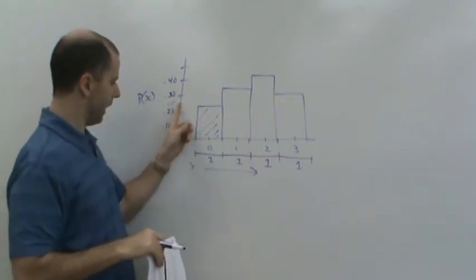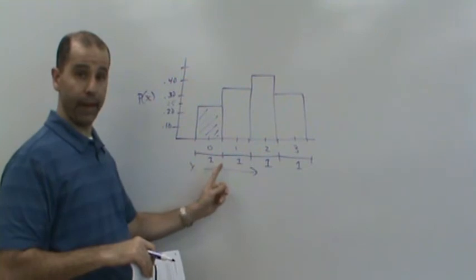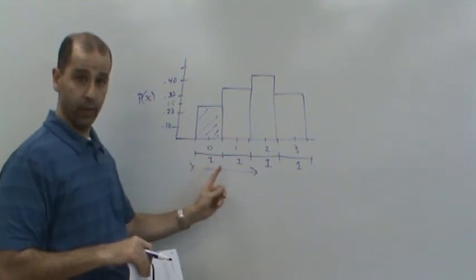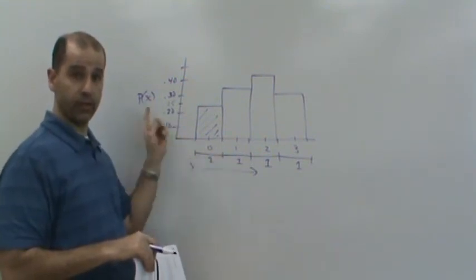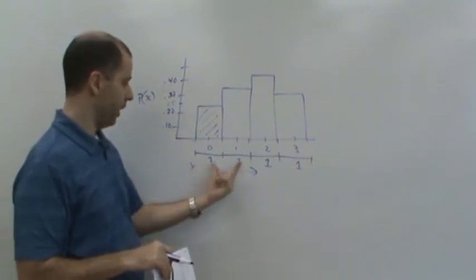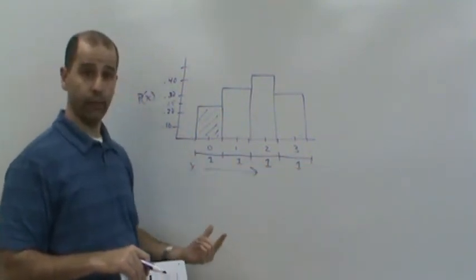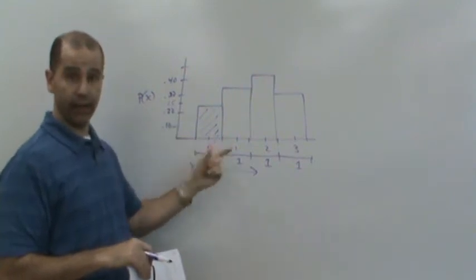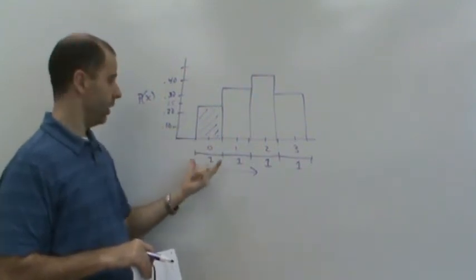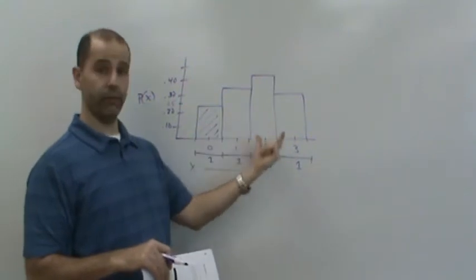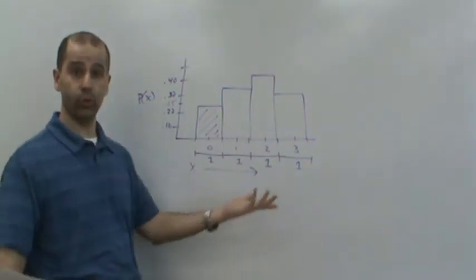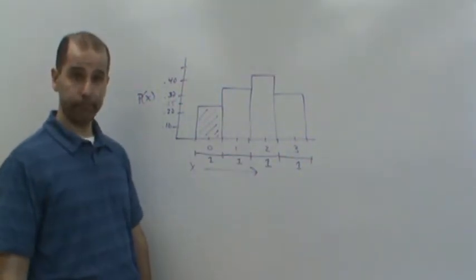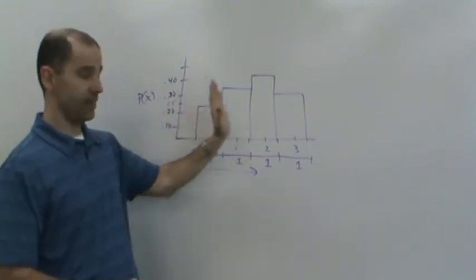The area is the height times the base length, and if the base is always 1, it's just 1 times the height. So the area is just going to be the probability. We can start looking at the area of these rectangles as equal to the probability. That's the discrete case.